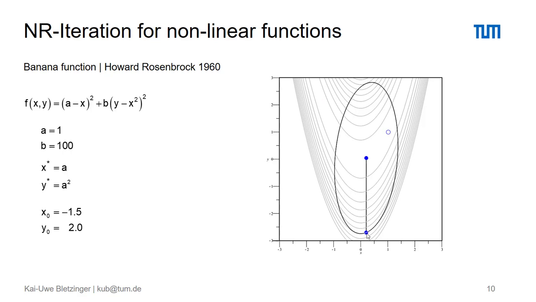Then again, we construct a quadratic problem with elliptic contour lines, where the solution of our problem, that means the minimum of this quadratic problem, is now here. And then you see we repeat again a quadratic problem, we solve for the minimum, and by that the procedure is converging to the optimum step by step.